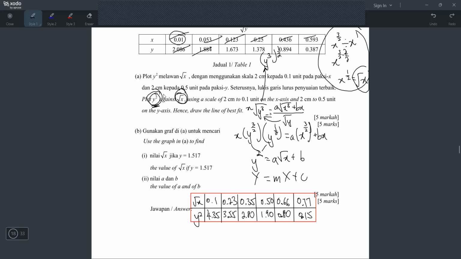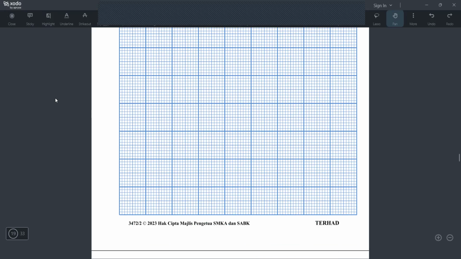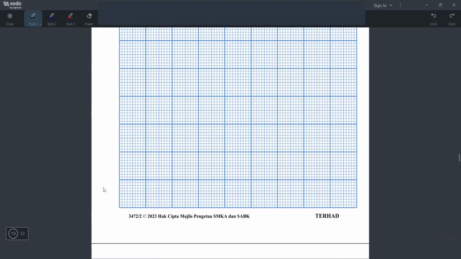All right, now only you can plot the graph. So they give a scale here, 2 cm to 0.1 on the x-axis, 2 cm to 0.5 on the y-axis. But if you look at the table, all the values here are positive. It means you can put your 0 at the bottom left, which is here. But they say 2 cm to 0.1 here, right? So it should be 0.1, 0.2, 0.3, 0.4, 0.5, 0.6, 0.7, 0.8.